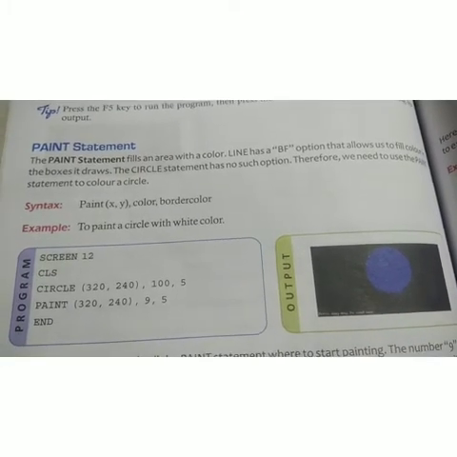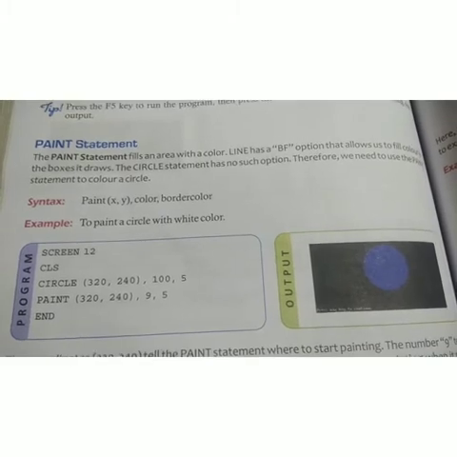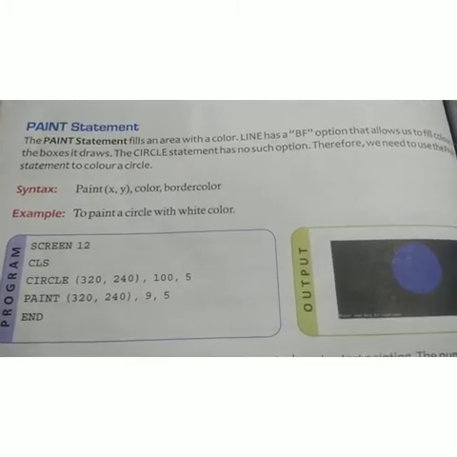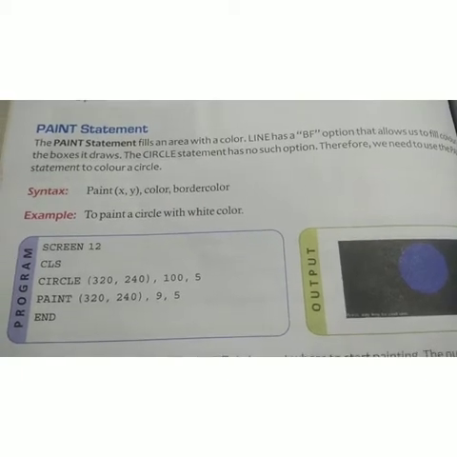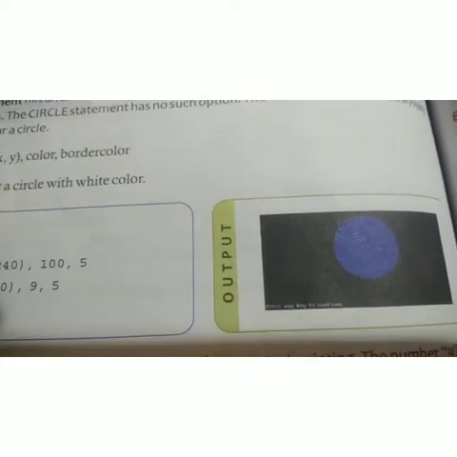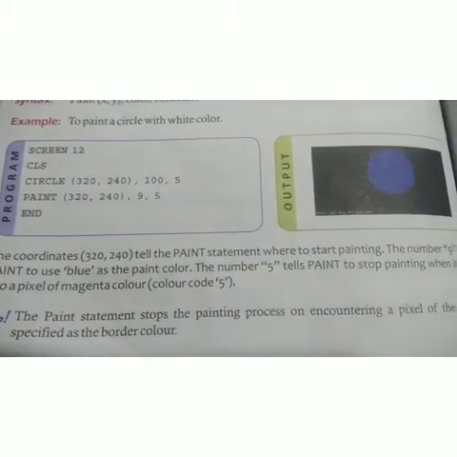Write the program: SCREEN 12, CLS, CIRCLE (320, 220), 100, 5. Then PAINT (320, 220), 9, 5. Then end the program. You can see the output of the PAINT statement. The coordinates 320, 220 tell the PAINT statement where to start painting.